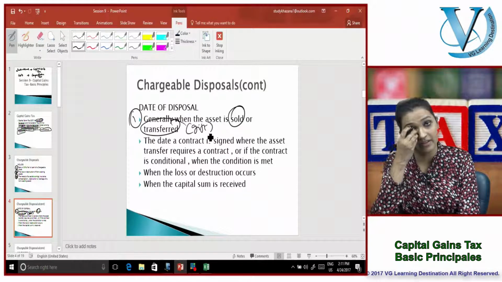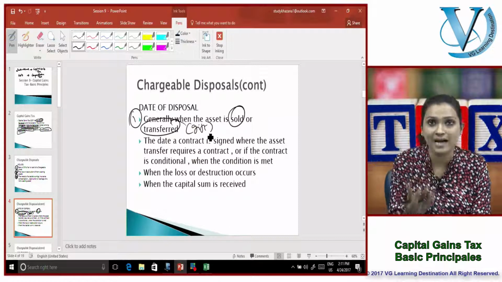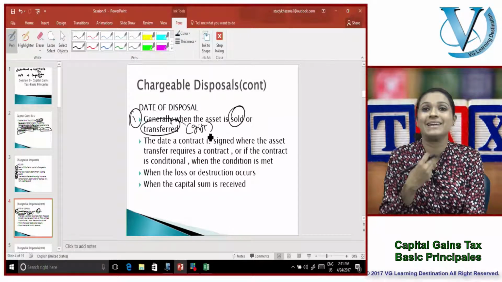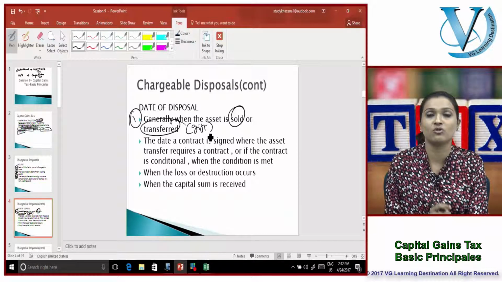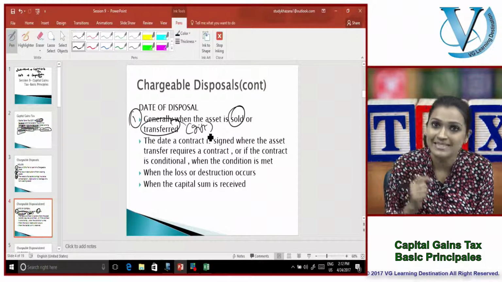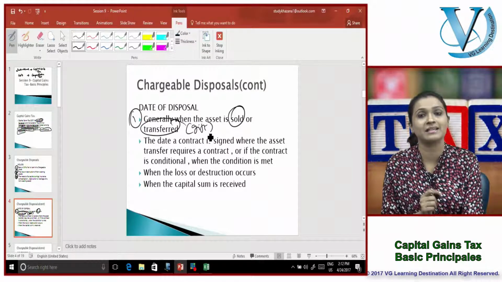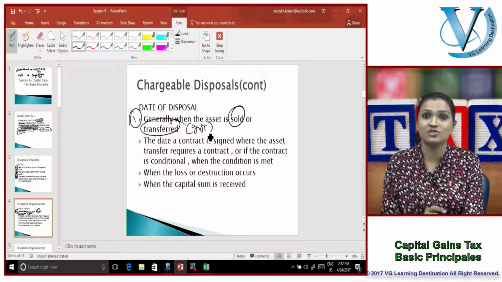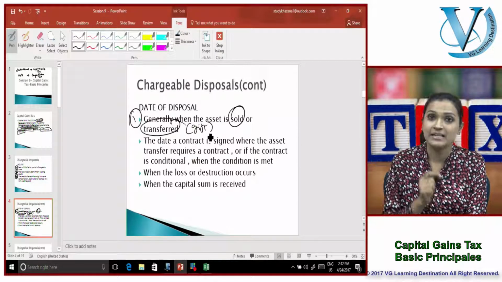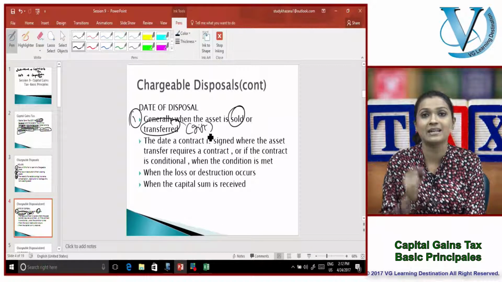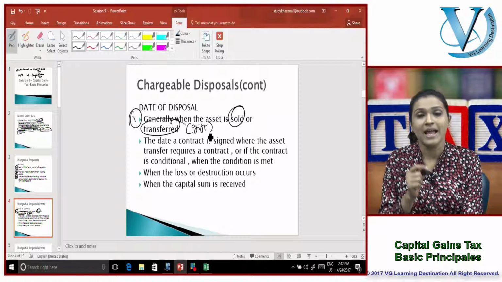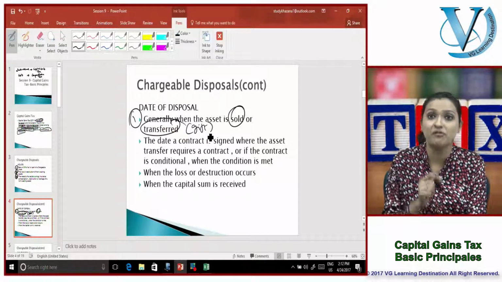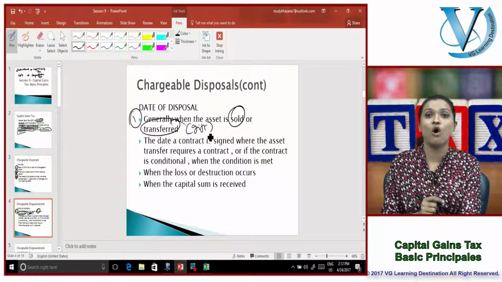What happens when there is a contract to be signed in order to legalize your sale? Then the date of disposal is going to be considered the date on which the contract is actually signed. If in the contract there is a particular condition that needs to be met, in that case, the date of disposal is going to be considered the date on which that binding contract condition is fulfilled.